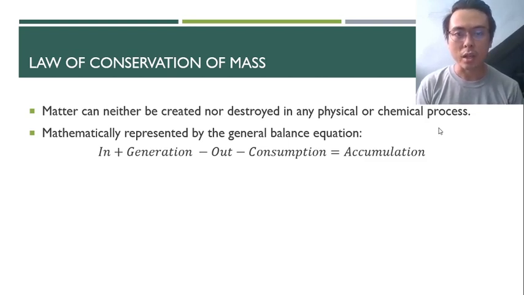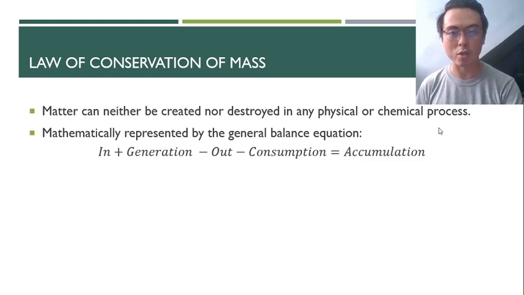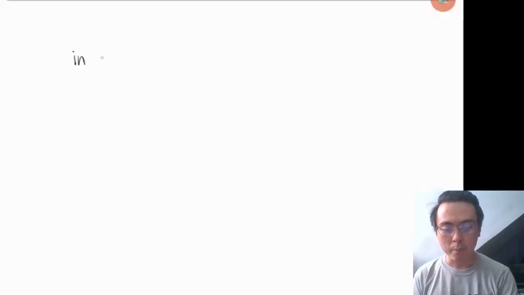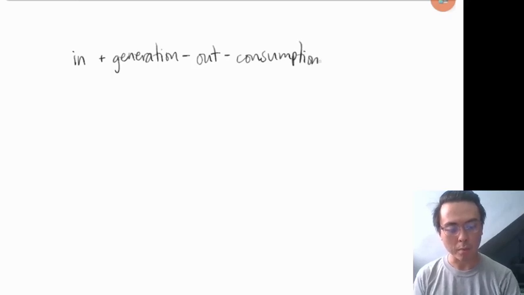For this general equation, there are some assumptions that would be helpful in our material balance. So let me first write this entire equation. That is input plus generation minus output minus consumption equals accumulation.